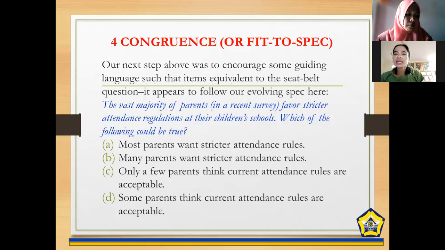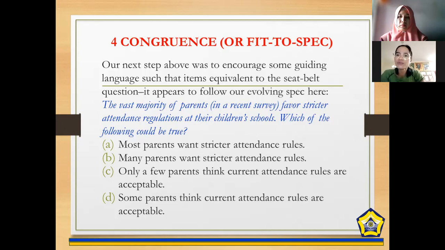Our next step above was to encourage some guiding language such that the item is equivalent to the set, where the question appears to follow our evolving space here. Like: The vast majority of parents in a recent survey favor stricter attendance regulation at their children's school.